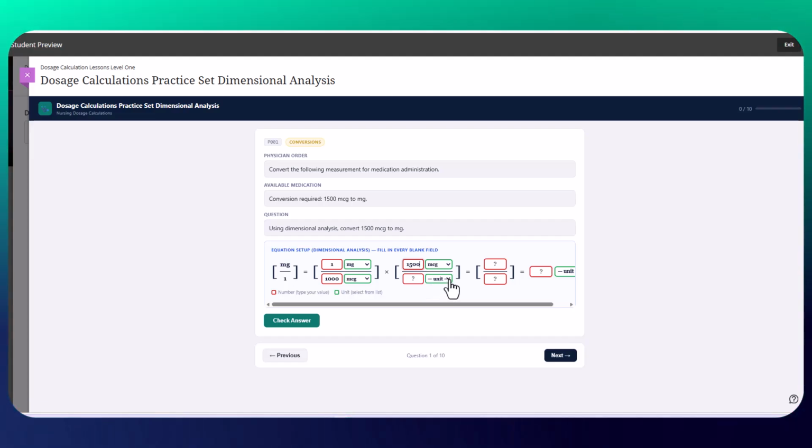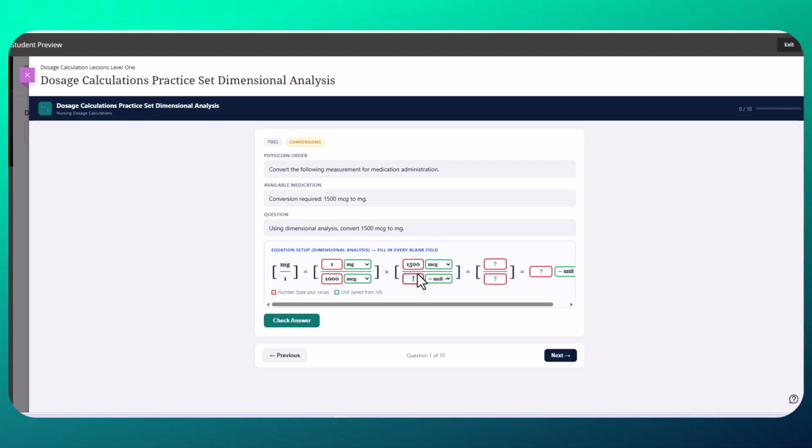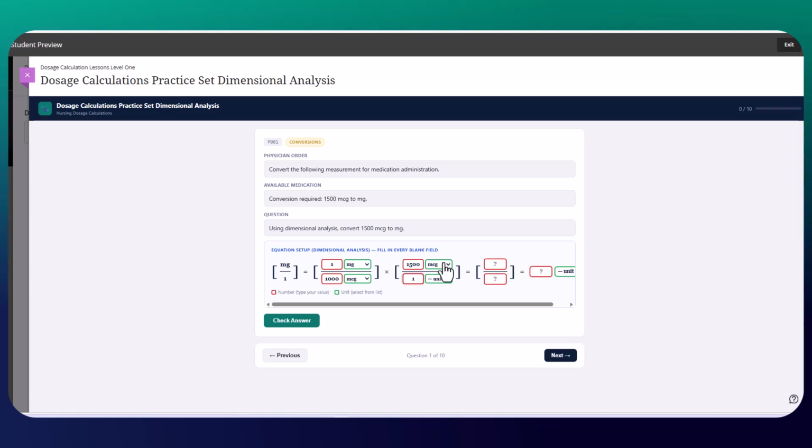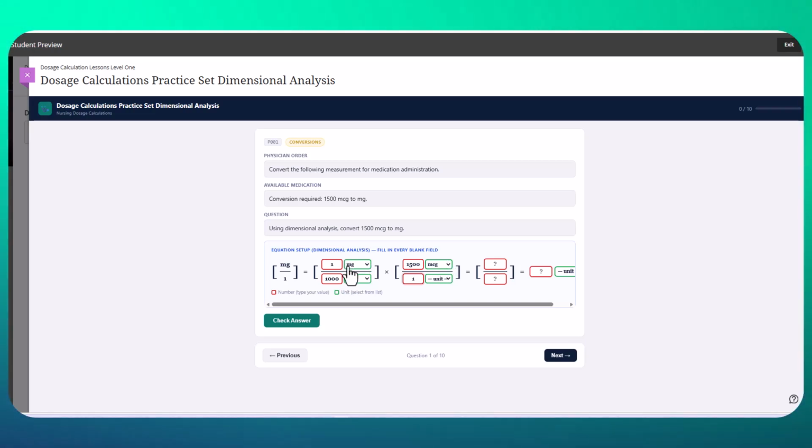For the unit of measure, you always leave it blank if you have nothing to put there. But your numeral, because this is understood 1, you're just going to put a 1 in there, okay? Now you're done because we can cross off micrograms and micrograms, and the only thing left is milligrams, and that's what our question asked us for, okay?